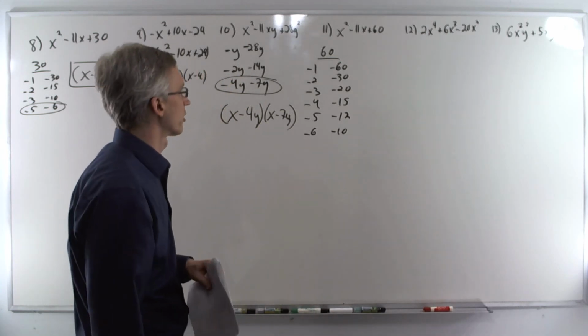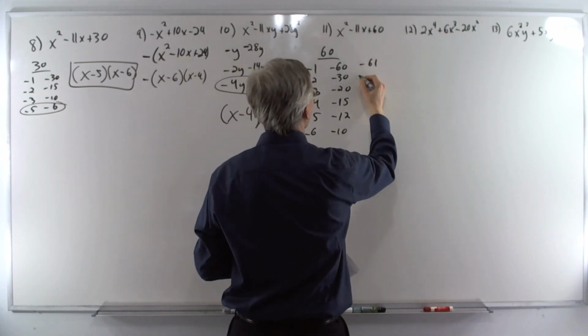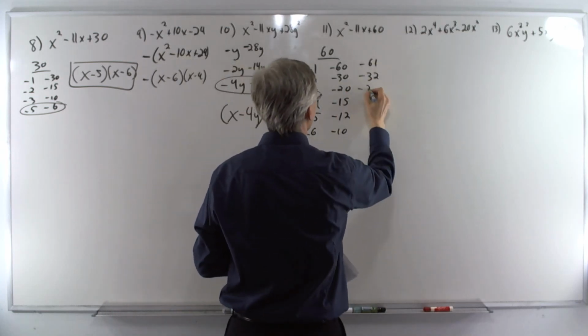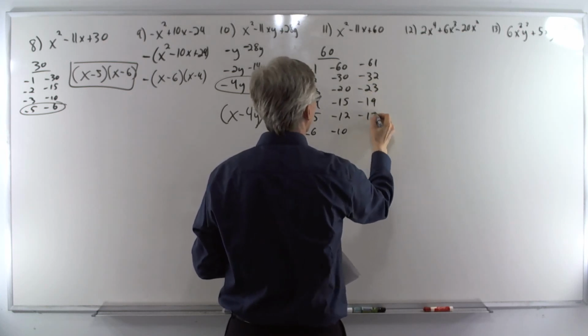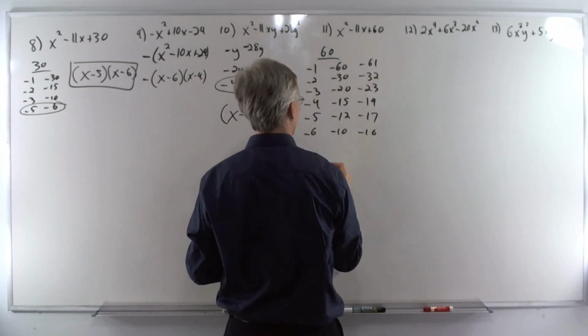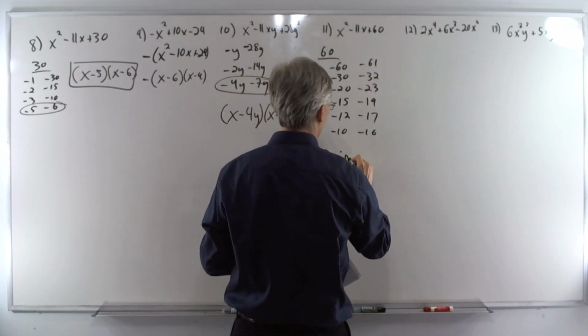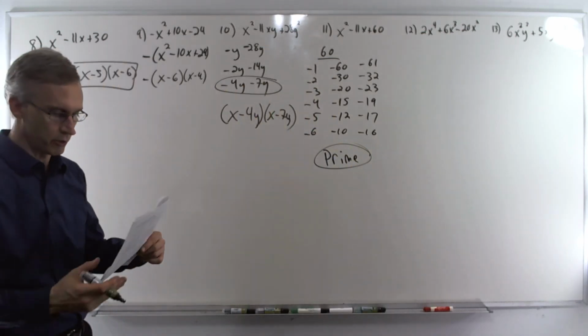So that's all our combinations. Now let's find the sums. We got negative 61, negative 32, negative 23, negative 19, negative 17, and negative 16. None of them match, so that trinomial is not factorable. That trinomial is prime.